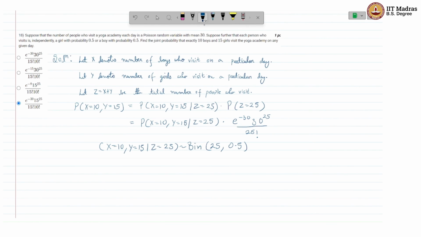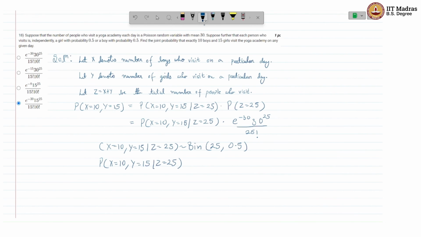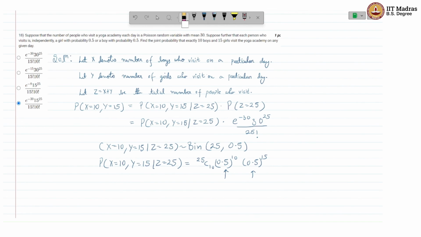So from this, probability that x is equal to 10 and y is equal to 15, given z is equal to 25, will be equal to 25 C 10, 0.5 raised to the power 10, 0.5 raised to the power 15. So this is for 10 boys visiting the yoga academy, and this is for 15 girls visiting the yoga academy.